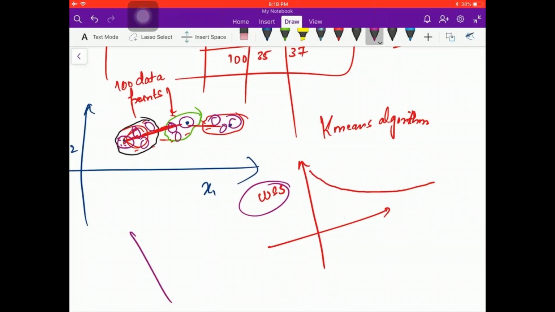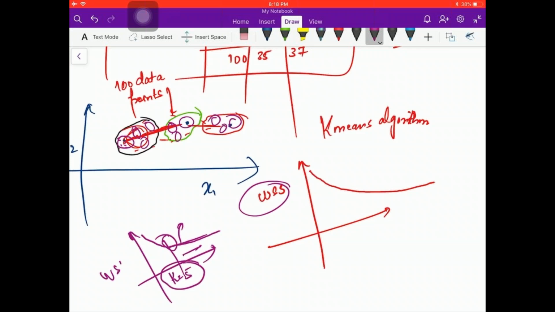Typically your cluster graphs will look like this. At a particular cluster point, let's say k equal to 5, this joint is there, and then the dip will be very slow. So after this, you don't go after this. You consider this point. So k equal to 5 is your optimum number of clusters.